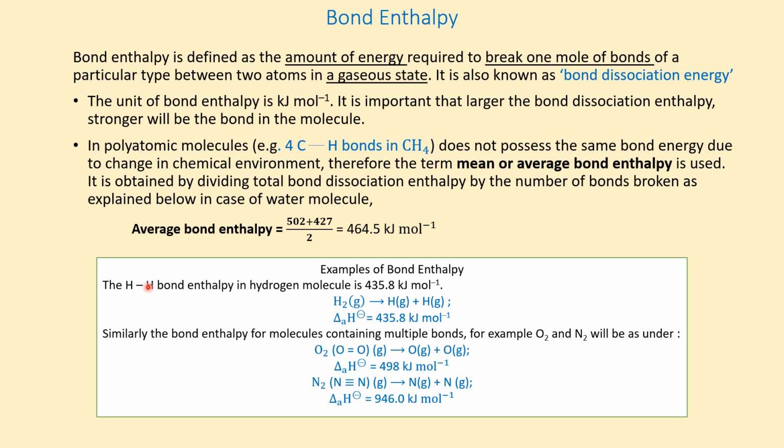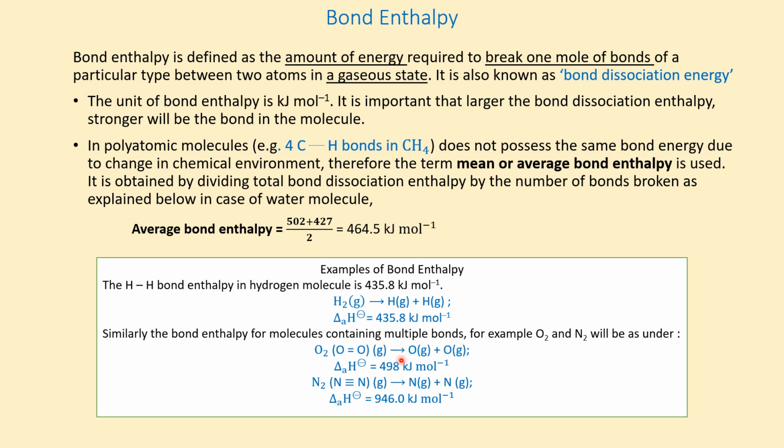In the inside box, some examples of bond enthalpy are shown. For example, the H-H bond enthalpy in the hydrogen molecule: H2 in gaseous state breaks into H(g) plus H(g), and its bond enthalpy is 435.8 kilojoules per mole.